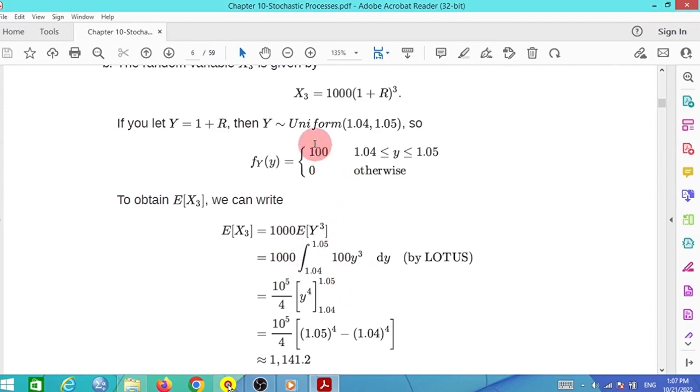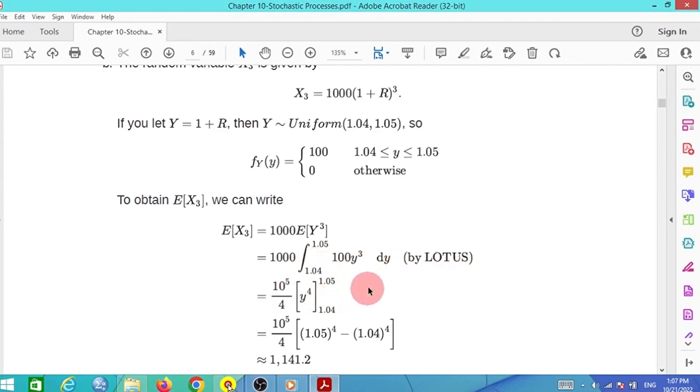This calculation: y³ multiplied by this density function, take the integral over this interval. By LOTUS, we can come back to the previous chapter, where we studied how to calculate the expected value of a function of a random variable.